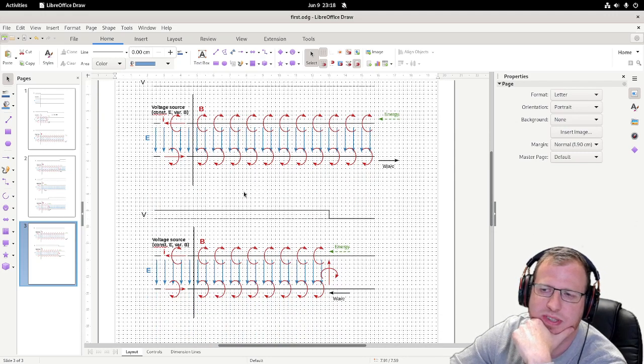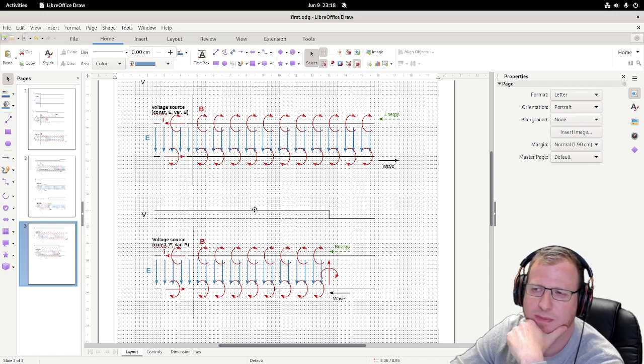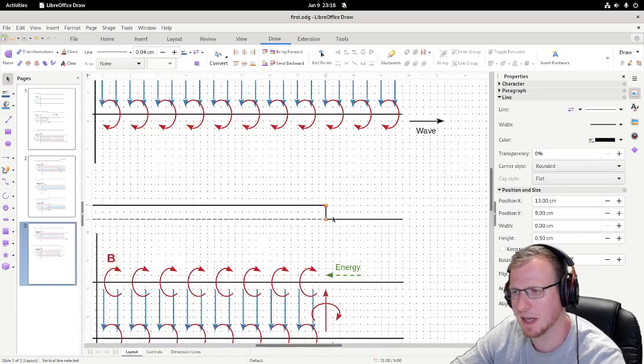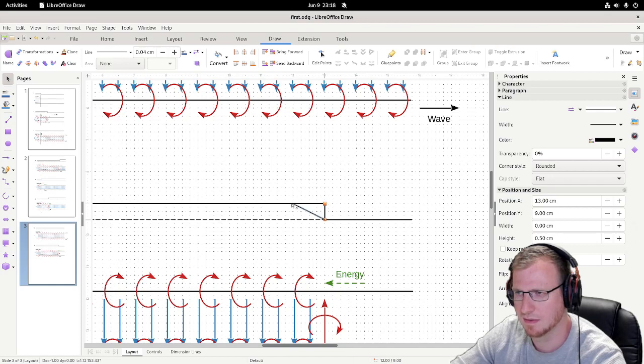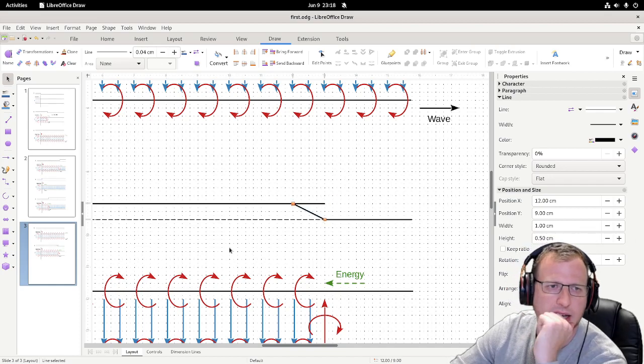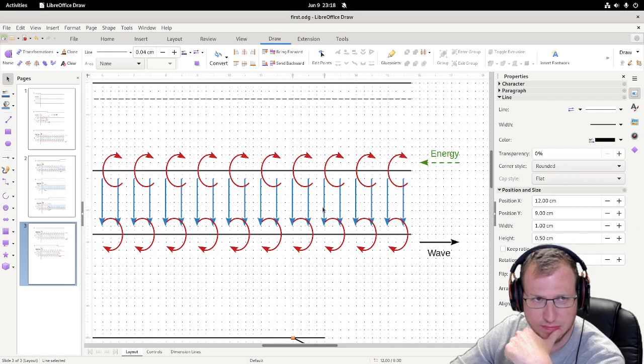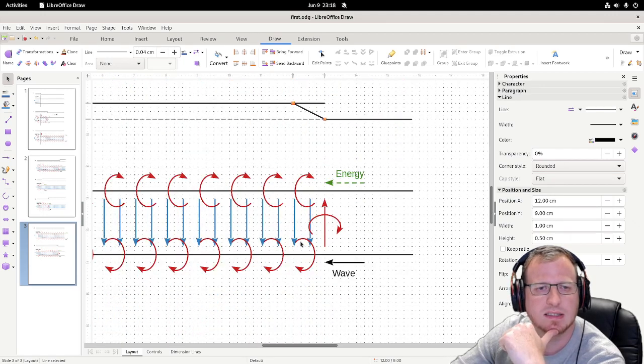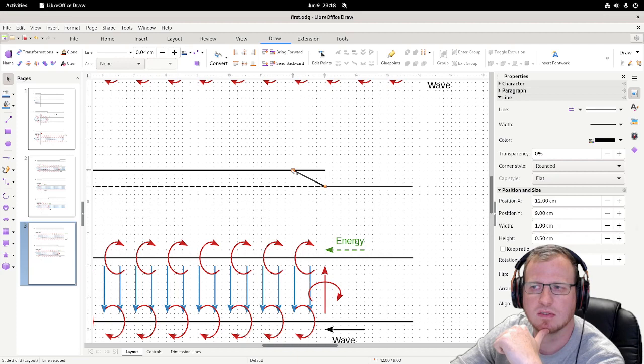I want to see how it behaves if we have losses, and I want to see how it behaves if we have not a sharp wavefront like that, but a smoother edge. And what's the difference having an edge like this or an edge like this?